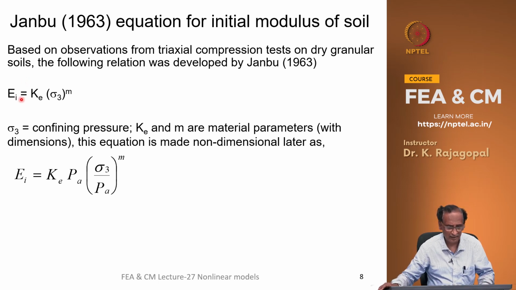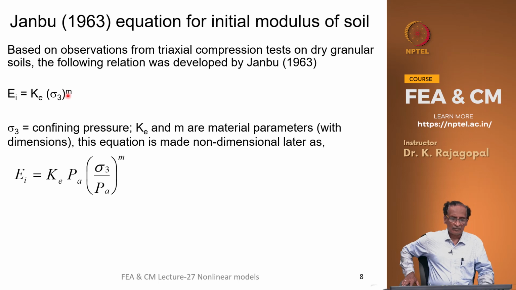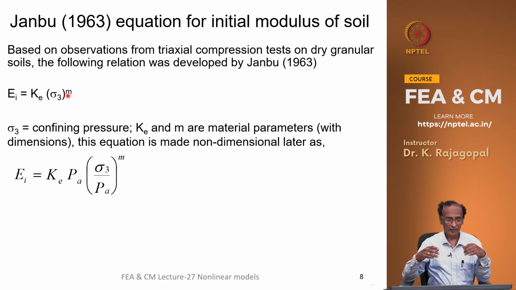Then he gave an equation that the initial modulus can be expressed as some constant Ke times sigma 3 to the power m, where sigma 3 is the confining pressure, and Ke and m are constants.